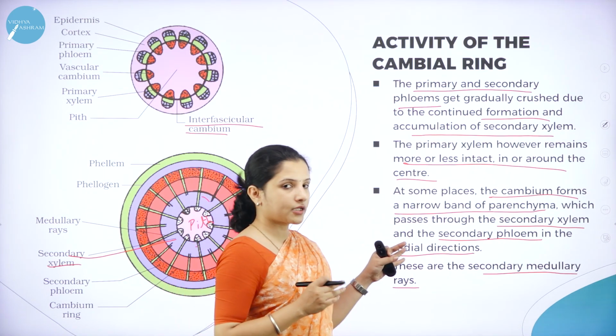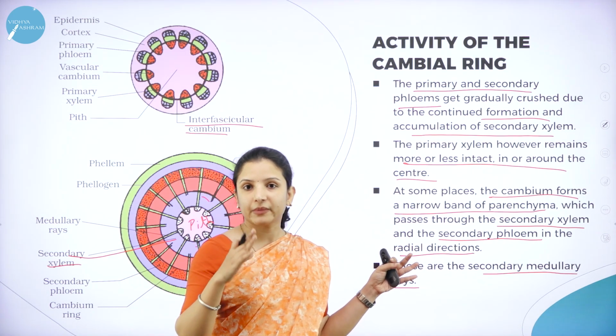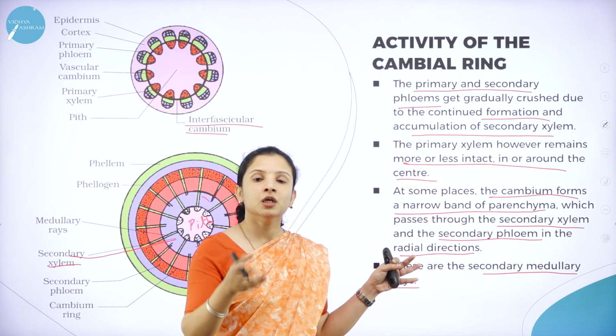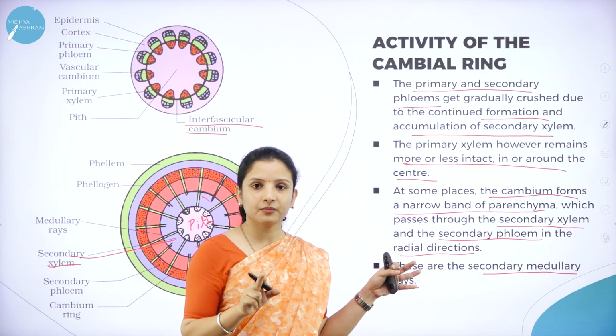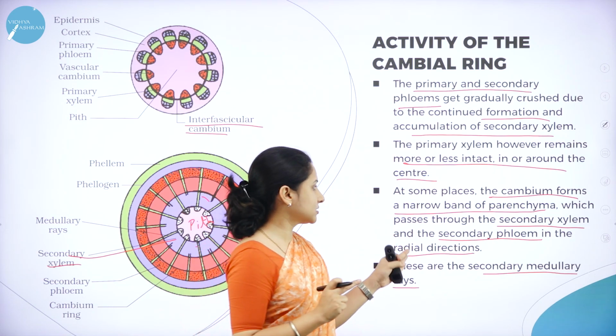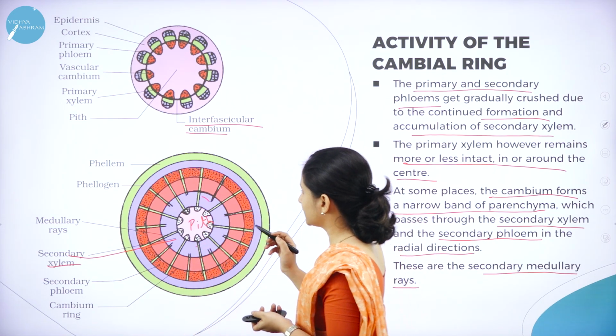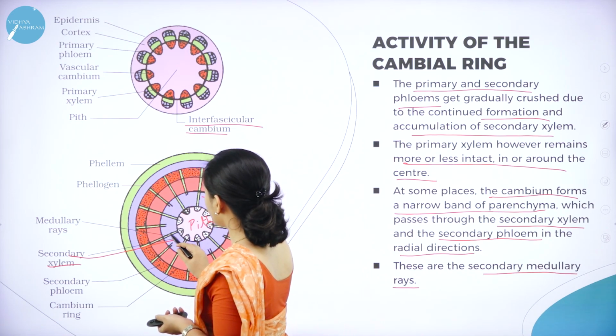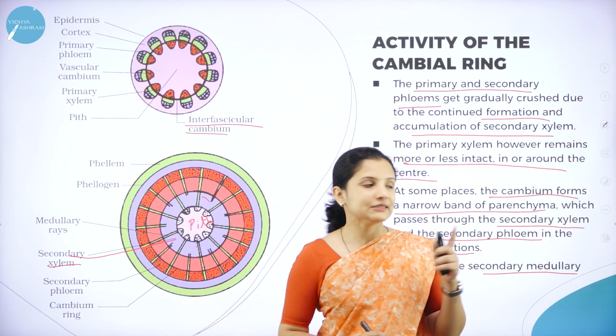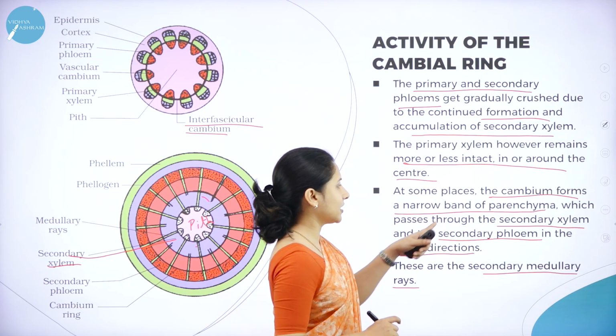But in this case, when the secondary xylem and the secondary phloem are forming, one more activity is taking place by the cambial ring. What is that? The formation of the secondary medullary rays. Where are the secondary medullary rays formed? They are formed between the secondary xylem and the secondary phloem.